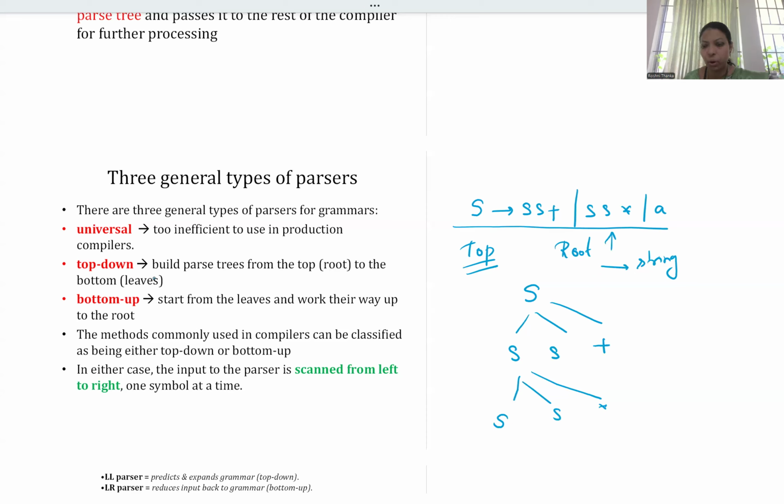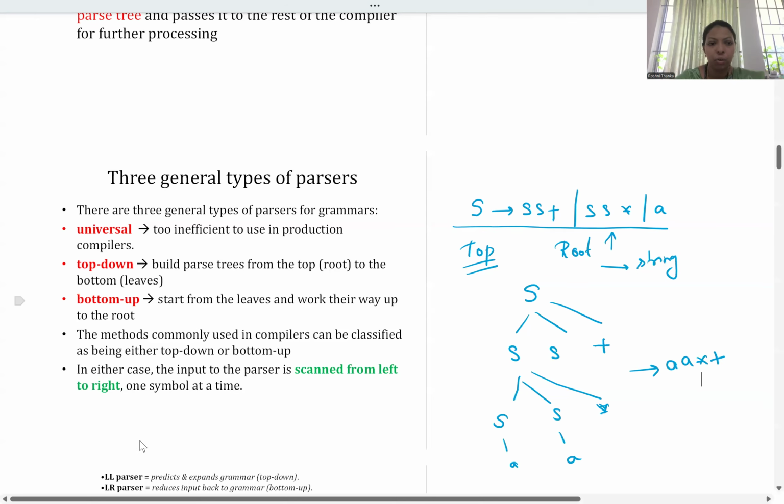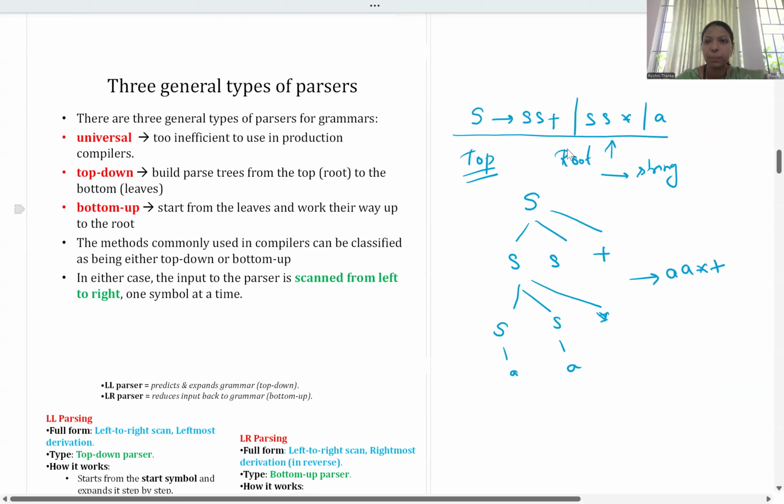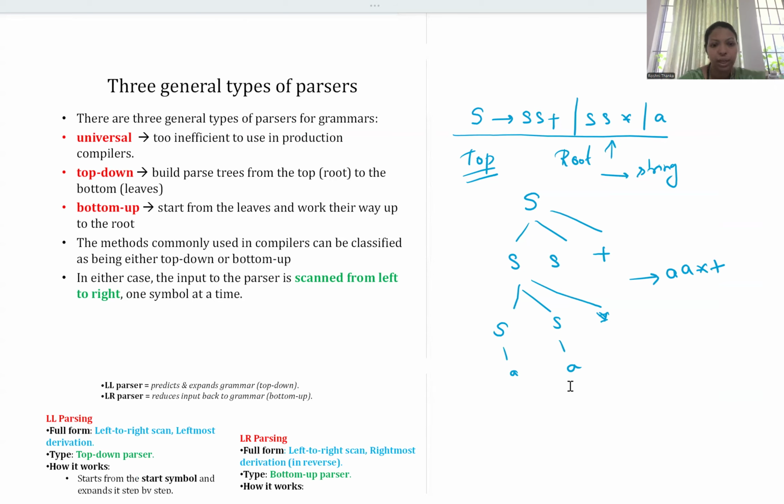And then all the S can be small a, which is a terminal. So the string generated out of this is a star a plus a. So you can understand now what happened here. I started from the root, and then I went to the string which I want to generate, step by step. So this is top-down parsing.